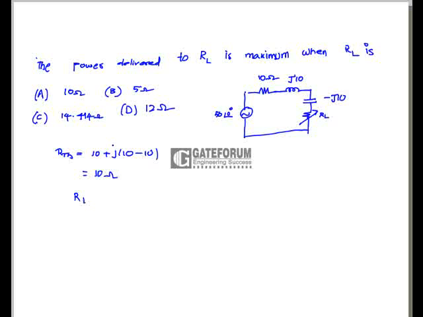So RL must be equal to R Thevenin for maximum power transfer to the load, according to the maximum power transfer theorem. So RL must be 10 ohms, that is option A is correct.